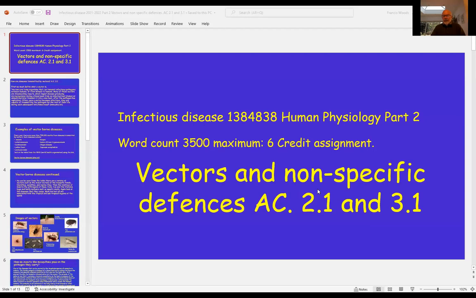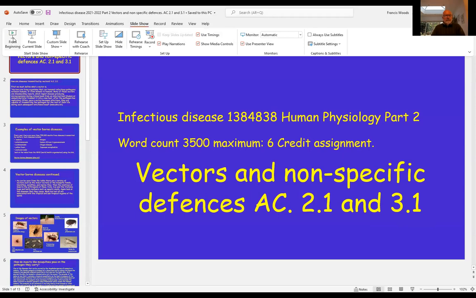This is on the VLE, although I've just slightly modified the heading to show the fact that it covers 2.1 and 3.1. I'll update the VLE shortly so it reflects that, and then you know where you are. Okay, so remember, it's a 6-credit assignment.